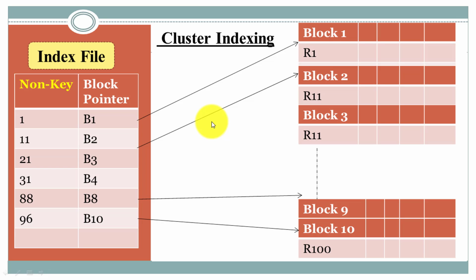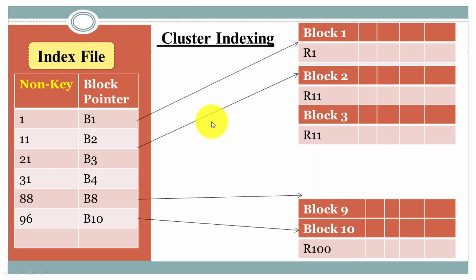Apart from the primary key, student name, subject, class, etc. are non-key. That means apart from the primary key, the remaining attributes are called non-key.